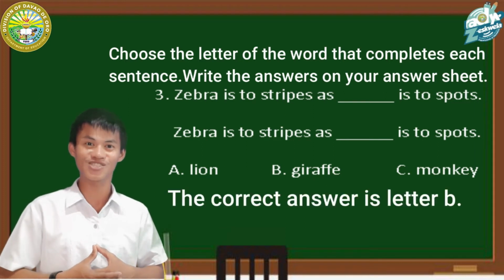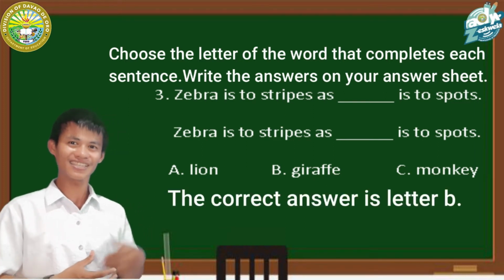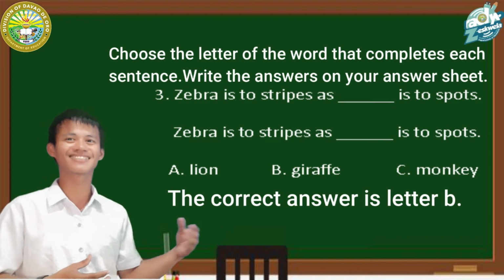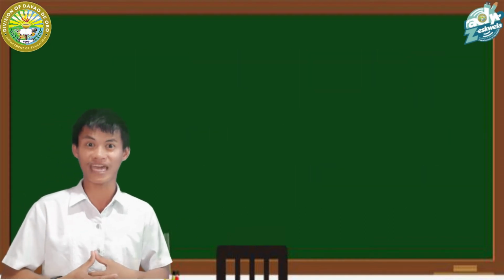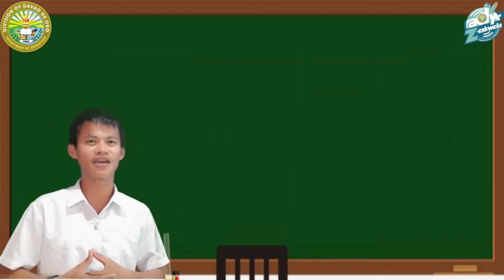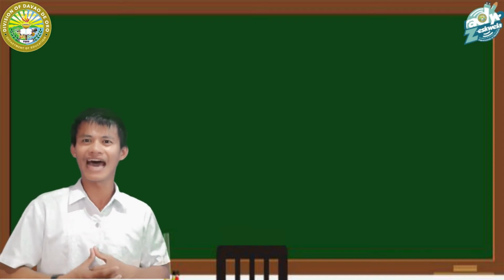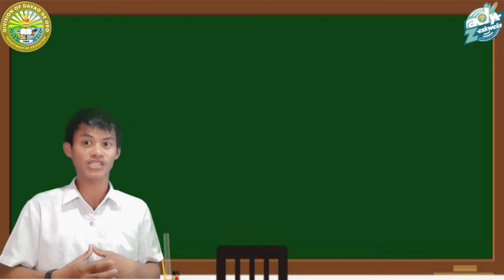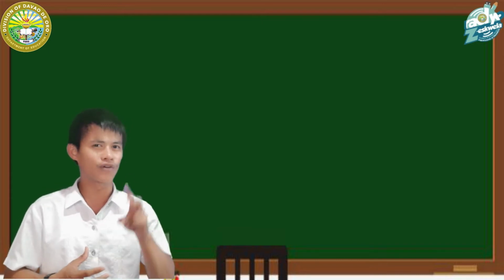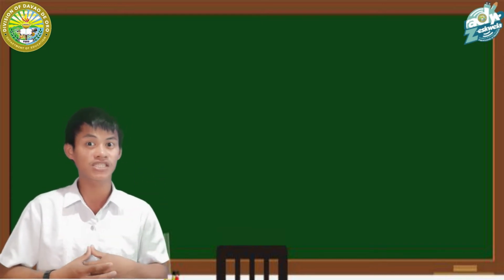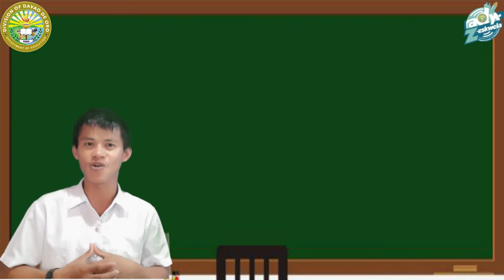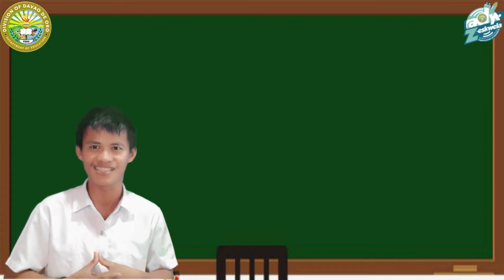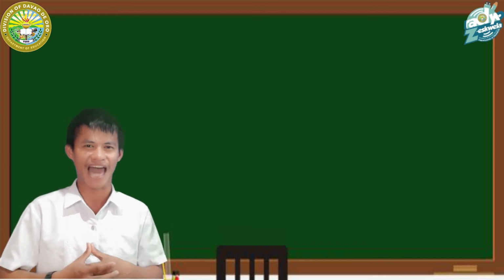The correct answer is letter B. Did you get all the correct answers? Very good. That shows that you have mastered the skill of understanding the comparison of two things that may have similar or opposite characteristics or features. Give yourself a 3 clap.